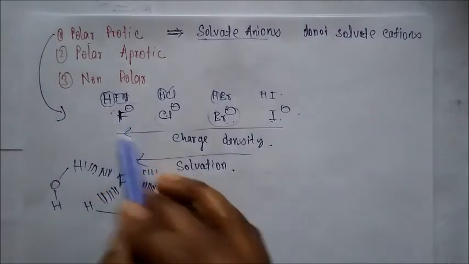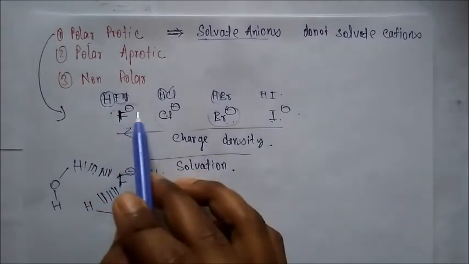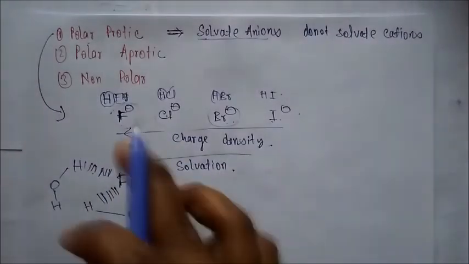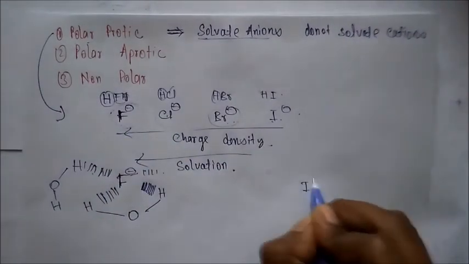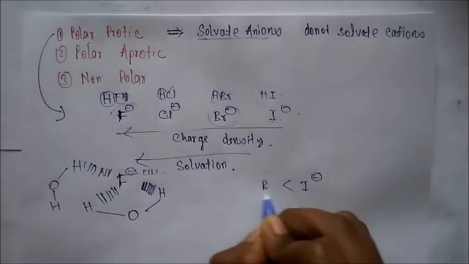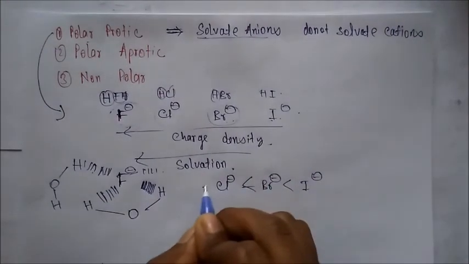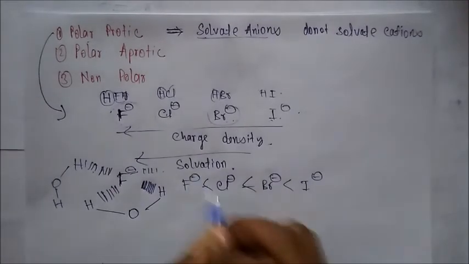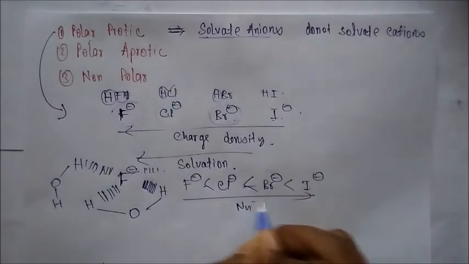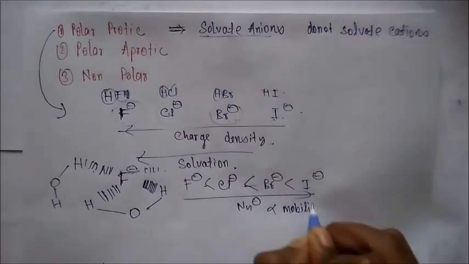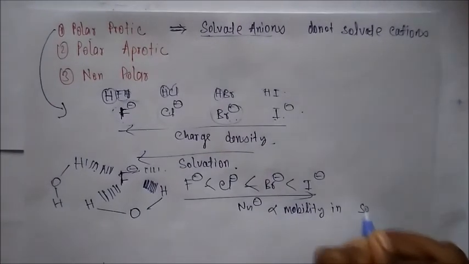So the mobility will be lesser here. So the nucleophilicity also will be lesser for F minus. So nucleophilicity will be in this order: I minus, Br minus, Cl minus, F minus. Nucleophilicity is directly proportional to mobility in solvent.